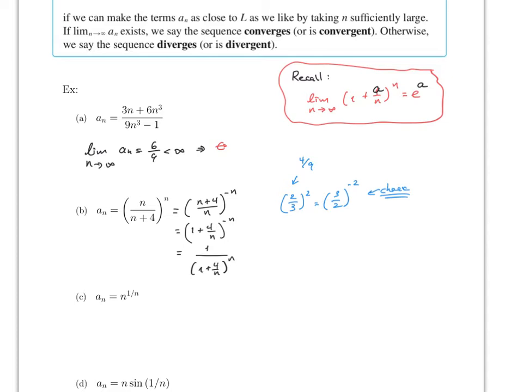But using this identity, this one approaches 1 over e to the 4 as n goes to infinity. Well, since this is less than infinity, obviously, this is convergent.